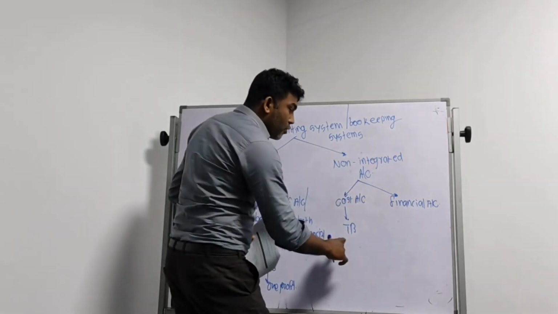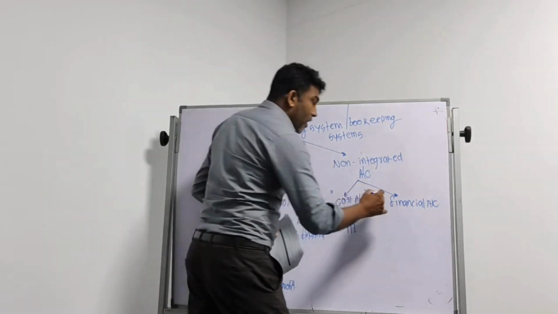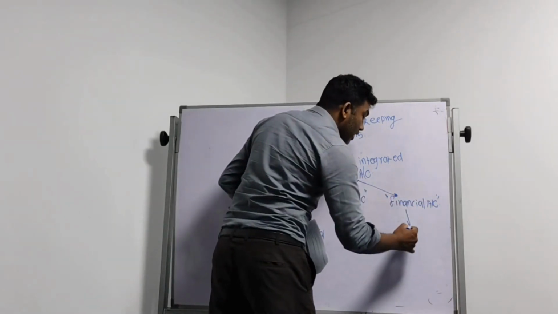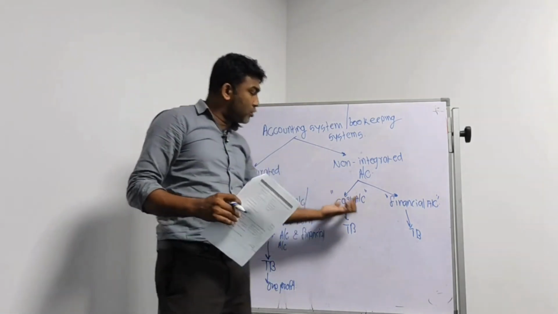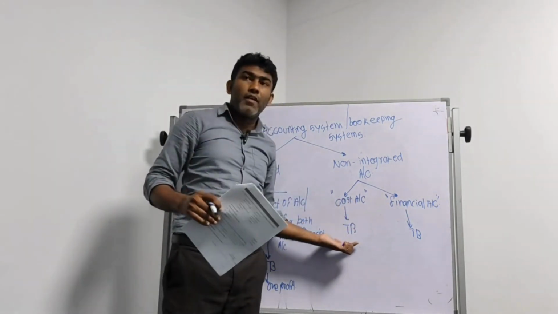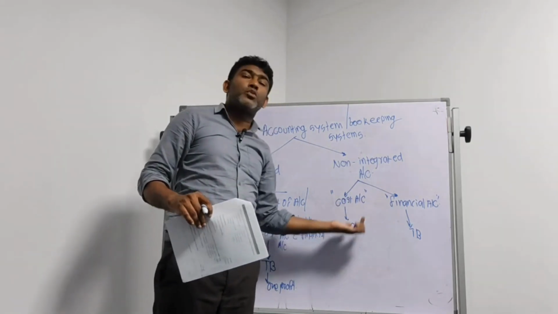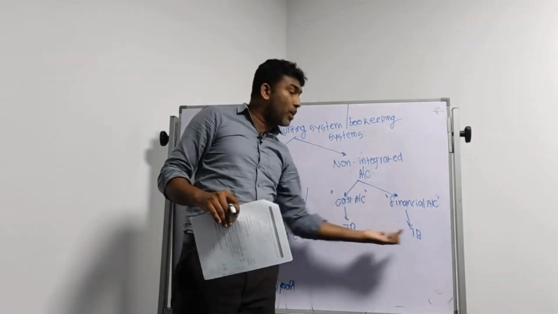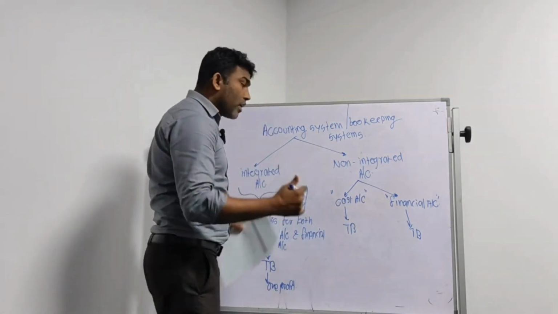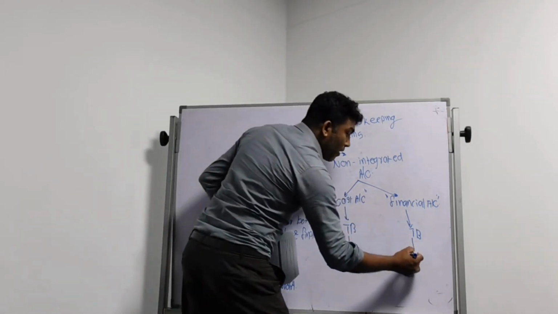See, from here you can generate one trial balance from the cost accounting. Then the financial accounting, you can generate another trial balance, right? Because these two sets of the books we are having, two sets of the ledgers we are having, so you can generate two trial balances. Since you can generate two trial balances, you can calculate two profits.